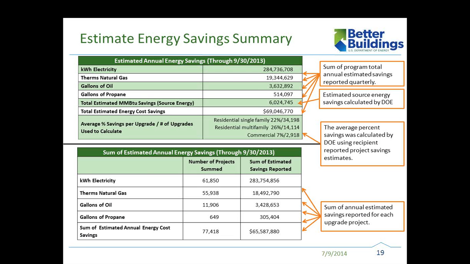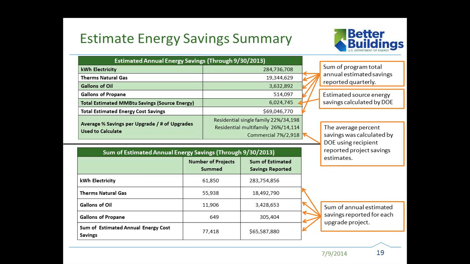The other reason is at the beginning of the grant period, we asked grantees to only report projects that saved 15% or more. And so it may be that they were only reporting those projects, and that some projects were completed that saved less than that. They reported the savings in their program total, but they didn't report the actual project, so we don't have that project data.